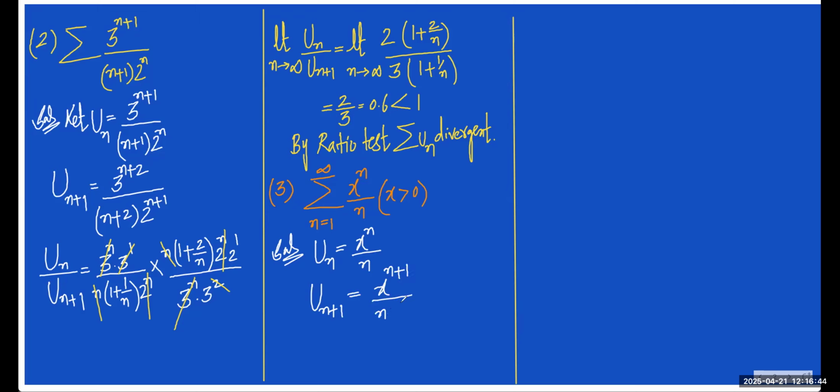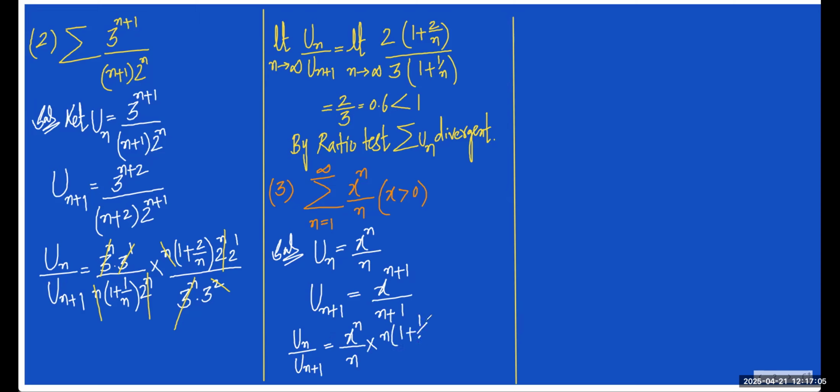Now applying the limit n tends to infinity. Un is x power n by n, and the second fraction will become reverse, taking the reciprocal, and we shall take n common.